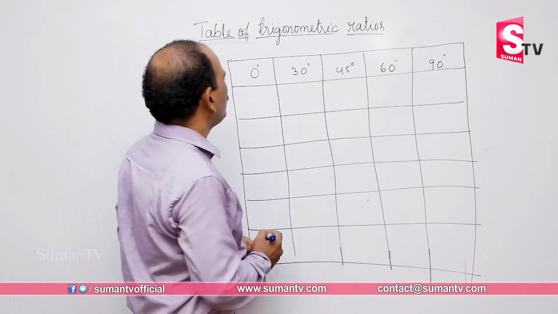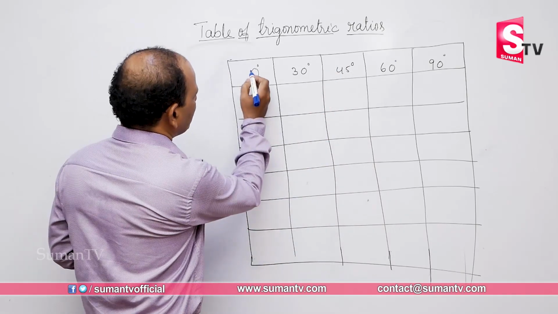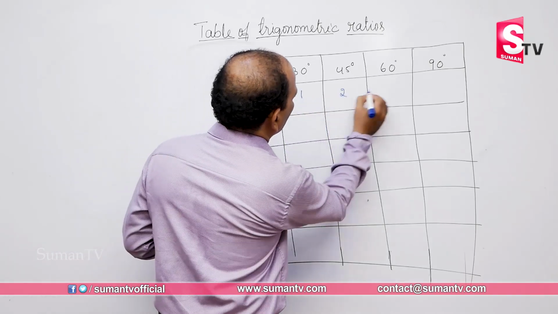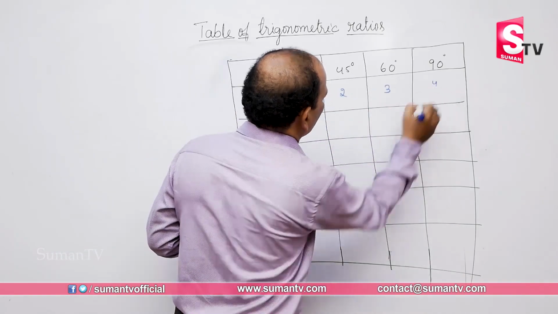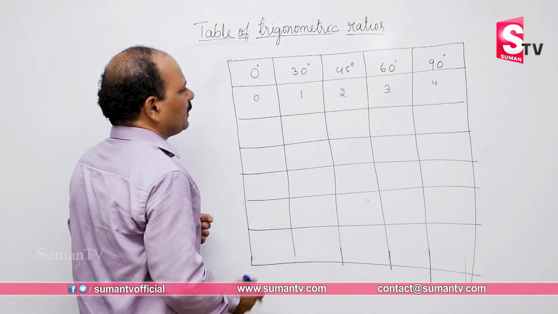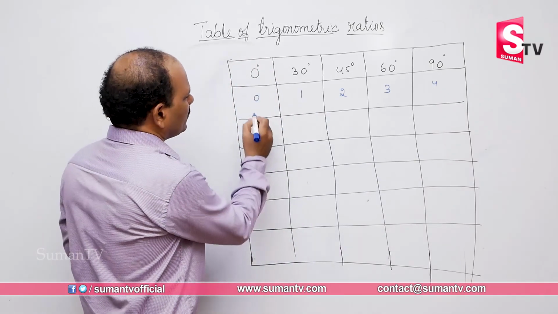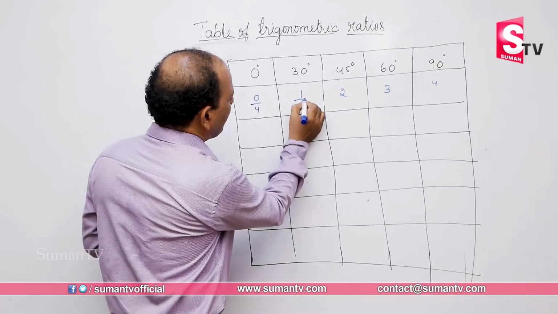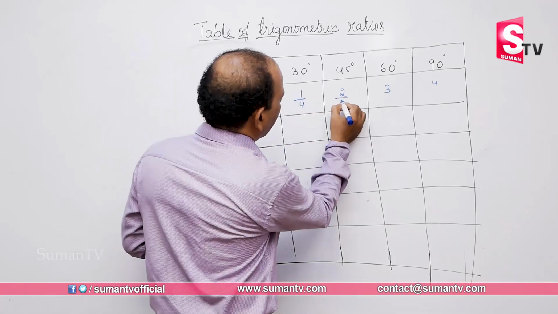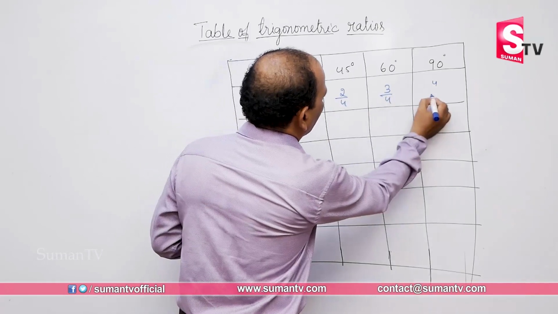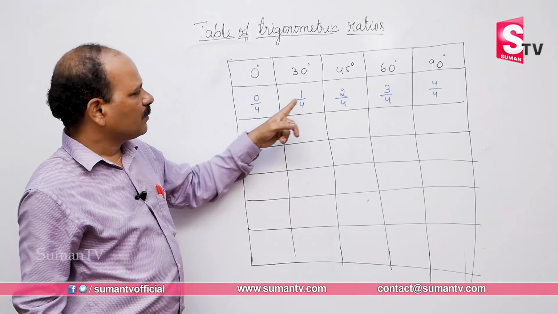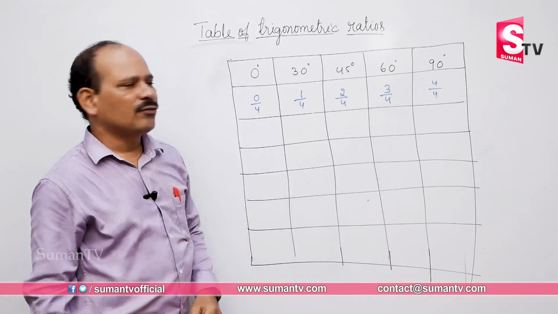Now start giving numbers from 0: 0, 1, 2, 3, 4. In the next step, divide every number by 4. 0 by 4, 1 by 4, 2 by 4, 3 by 4 and 4 by 4.